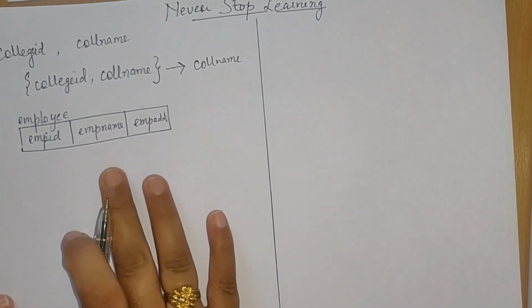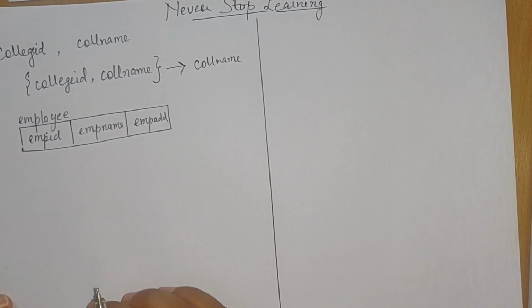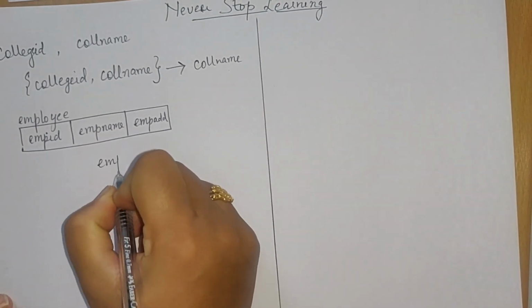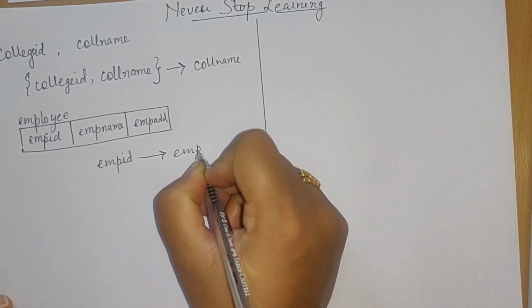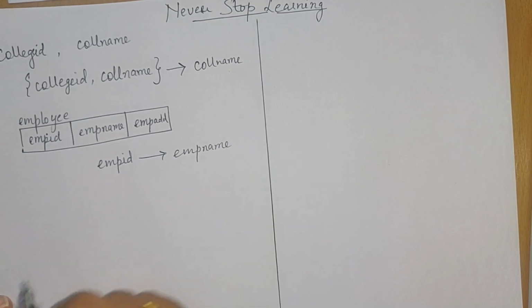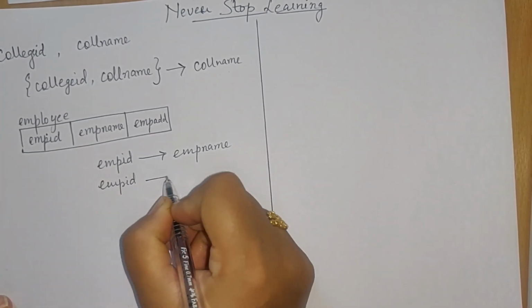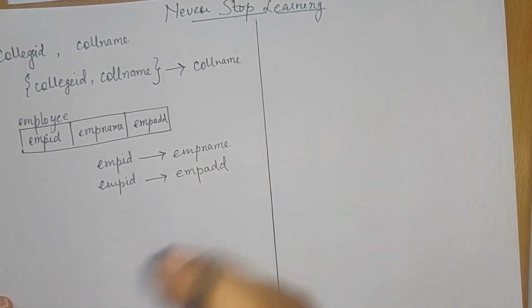Fine. So for this we are having three elements like this. Now let us suppose I am having dependency something like this, that EMP ID determines EMP name, EMP ID determines EMP address.